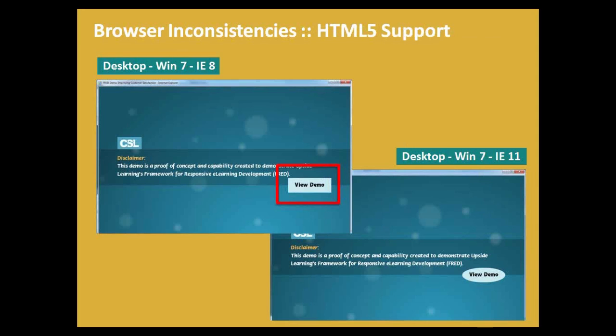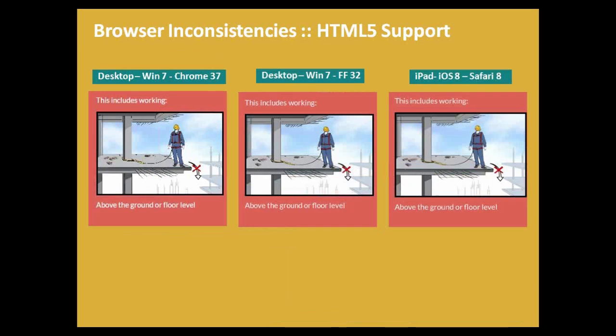Another aspect related to browsers, and specifically to IE, relates to the extent of HTML5 support. IE8 has minimal support for HTML5 elements, while IE11 has complete support. Here in the example, we can see that IE8 doesn't support rounded corners, whereas IE11 does. Next example is for image quality.